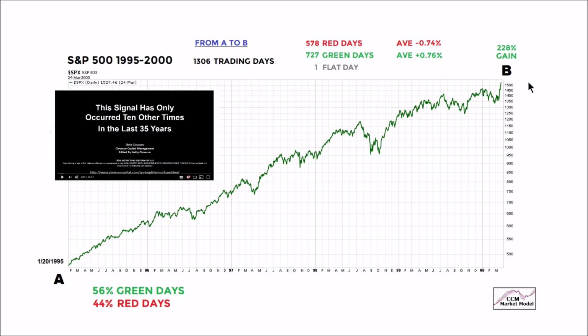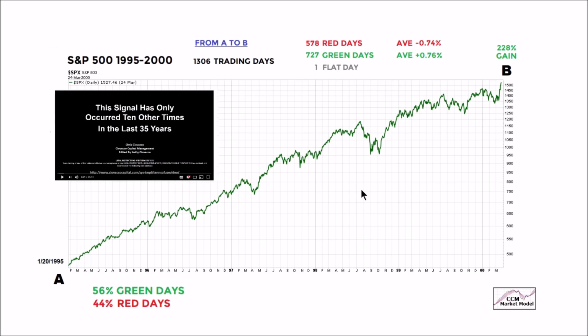If you were able to do that and capture even a portion of the 228% gain, most likely you would have been very pleased. Once again, watching the market closely was not particularly helpful. 56% of the trading days were green, 44% were red. The average down day was basically the same as the magnitude of the average up day.